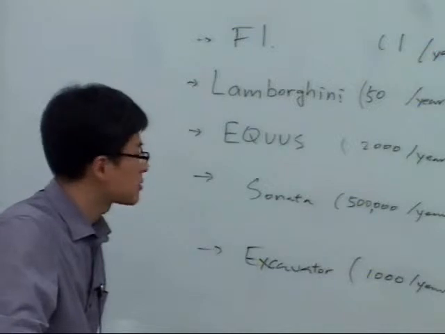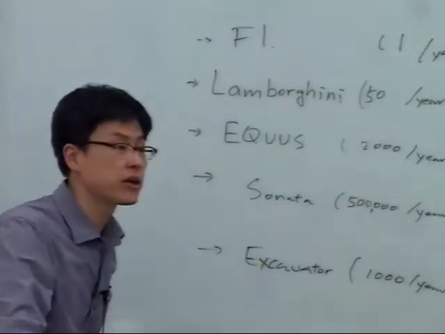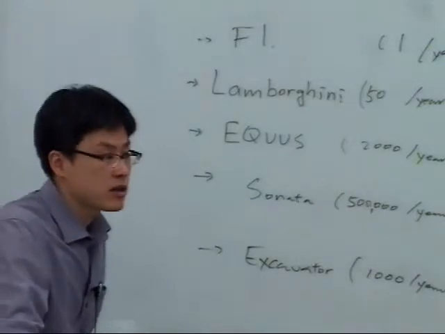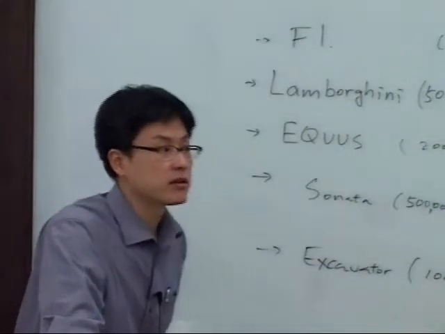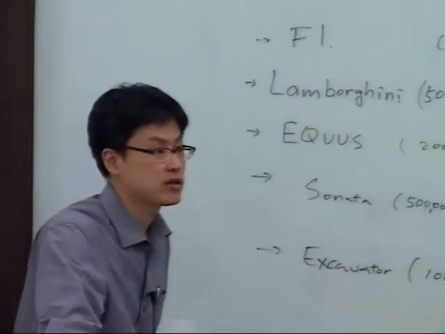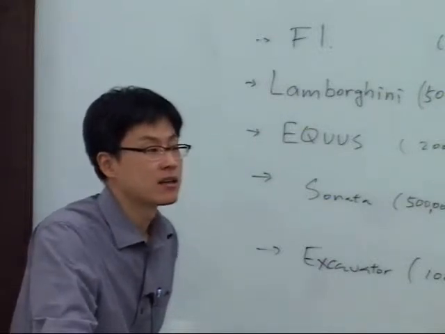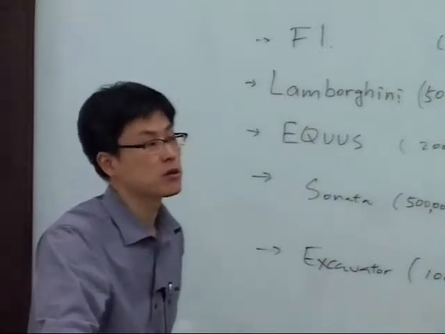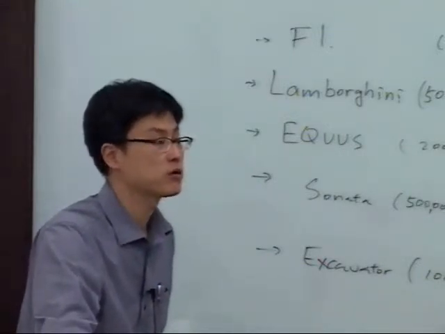Okay, I understand, and very good point. But if you think of this Lamborghini, let me ask: 50 units per year, cycle time is about a week, right? And what's the lead time then? We don't know, but based on common sense, it could be 6 months or 3 months or so.